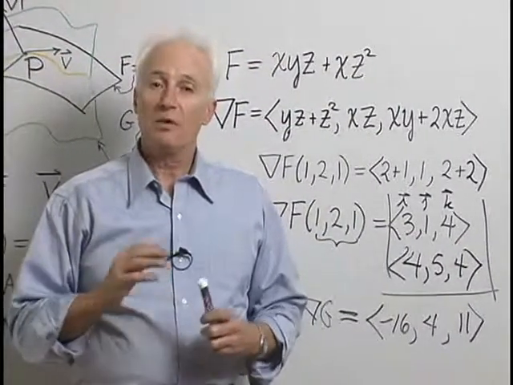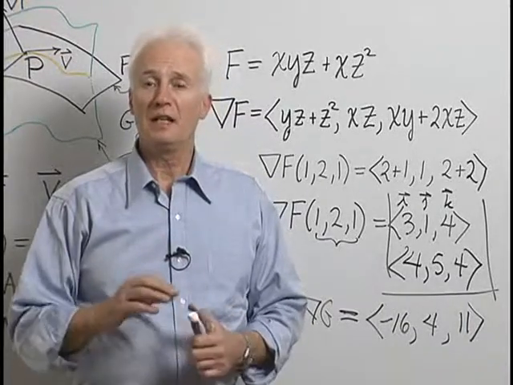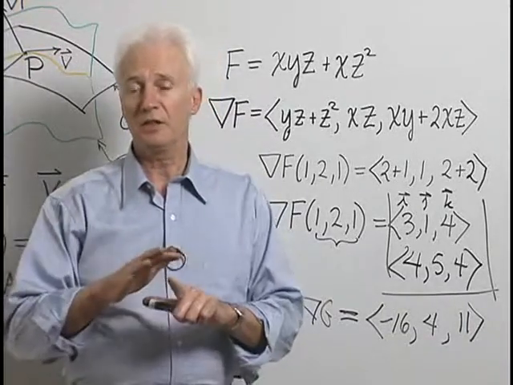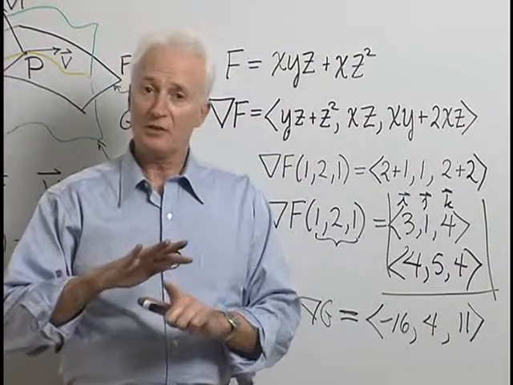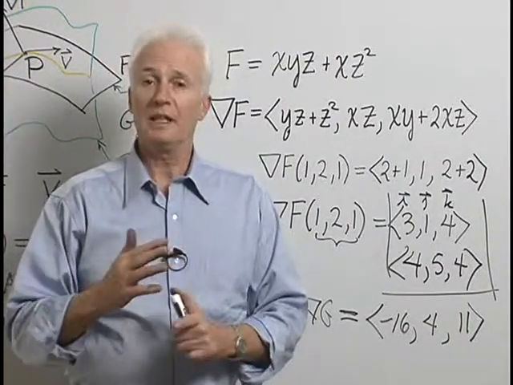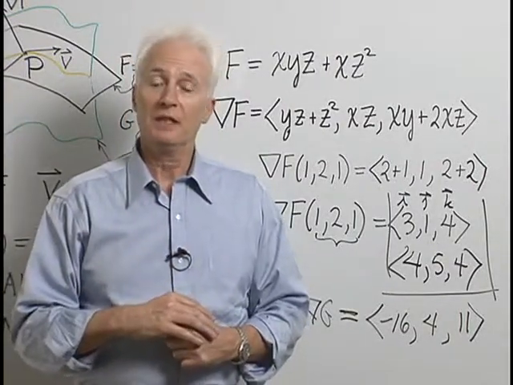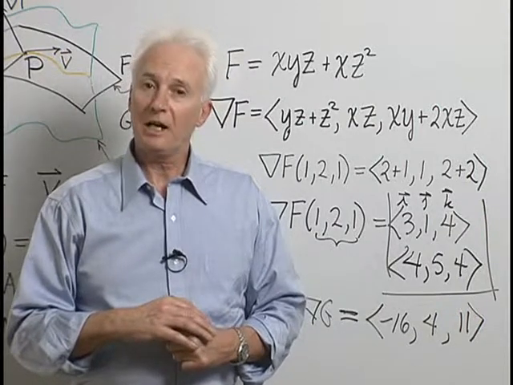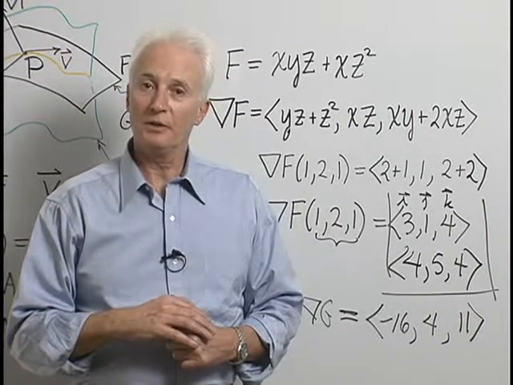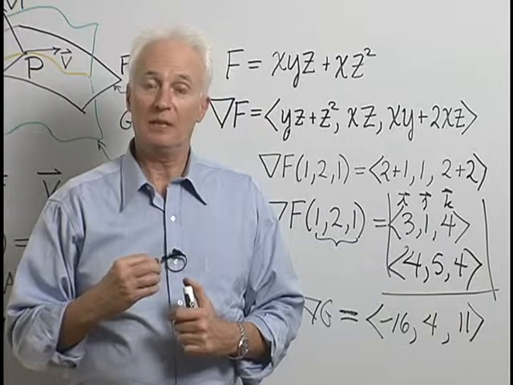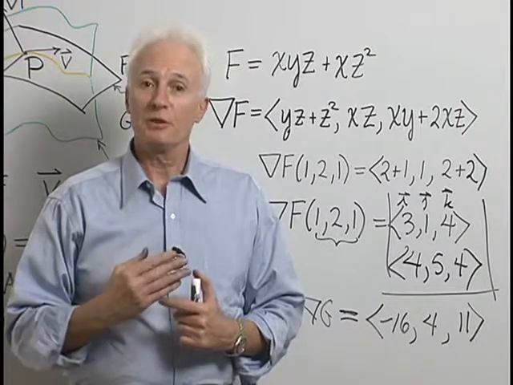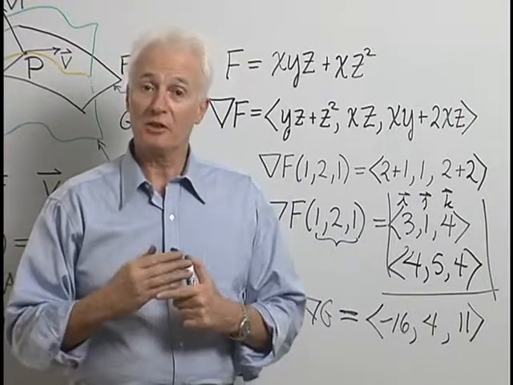So that's the process for finding tangent lines to intersection curves given as the intersection of two surfaces where you only have the equations of the surfaces. Notice it would be very problematic if you tried to do this by finding a parameterization of the actual intersection curve.